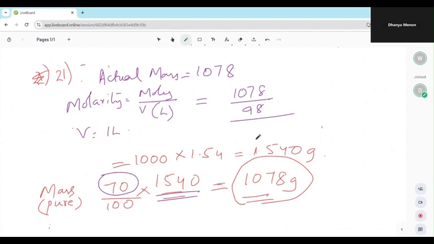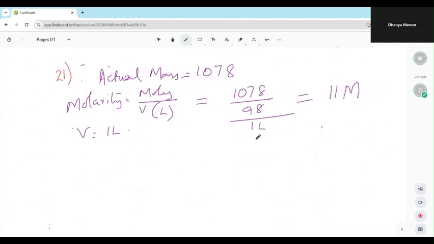So 1078 by 98, divided by 1 liter. How much is the answer? 11, capital M. So 11 is the molarity. Whenever you find the mass, and if the purity is given, you have to check the purity also, how much of the pure mass you are taking. Okay, students.